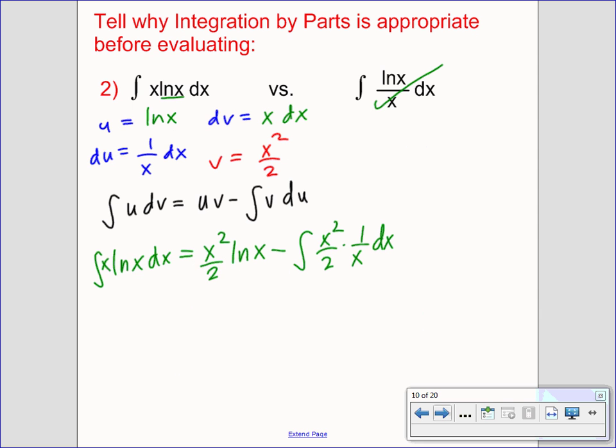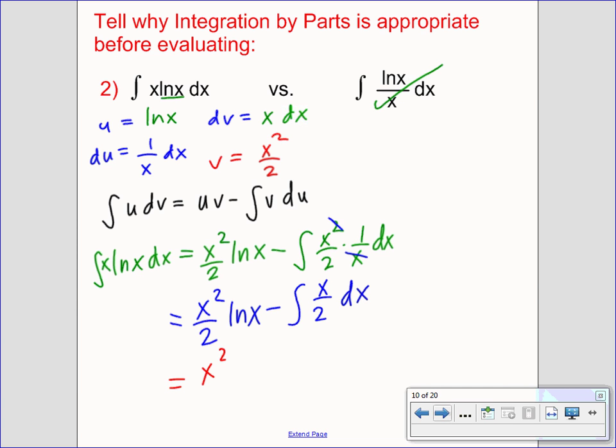I can do a little algebraic simplification here and get x squared over 2 ln x minus, that becomes just x over 2. The integral of x over 2, is that what you guys are getting? With respect to x? Yes? Awesome. And what's that?